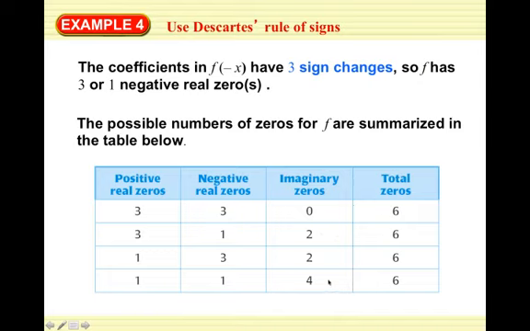So what this is saying is you either have 3 positive real zeros, or you have 1 positive real zero and 2 imaginary zeros that are faking out as a positive zero. Okay, you either have 3 negative real zeros, or you might have 2 imaginary zeros that are faking out as a negative real zero. So these are all the possibilities.